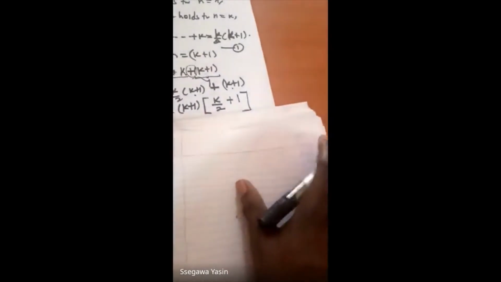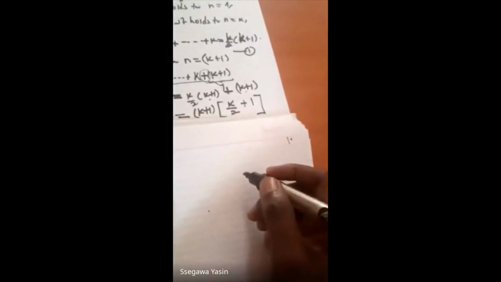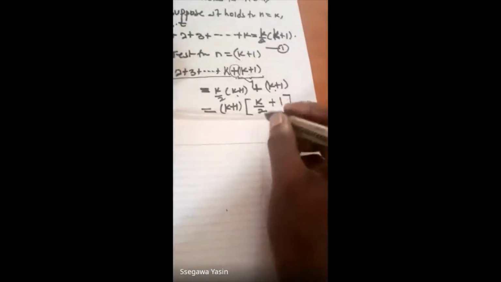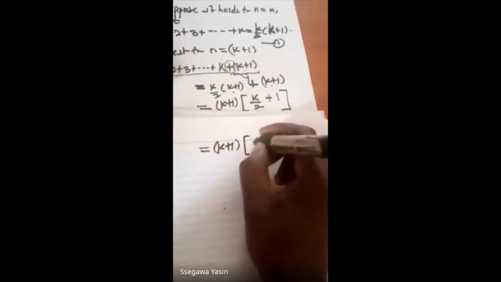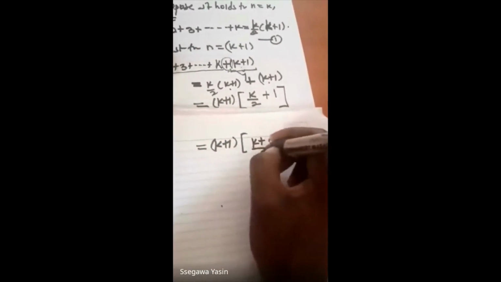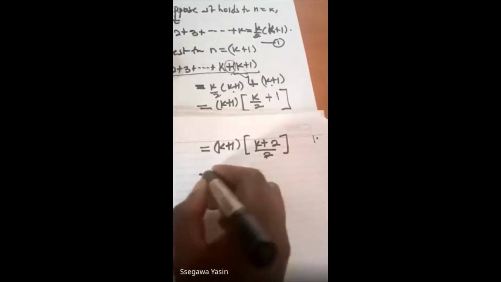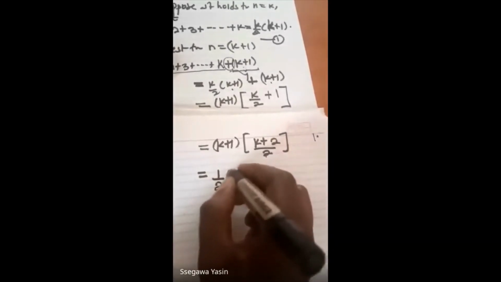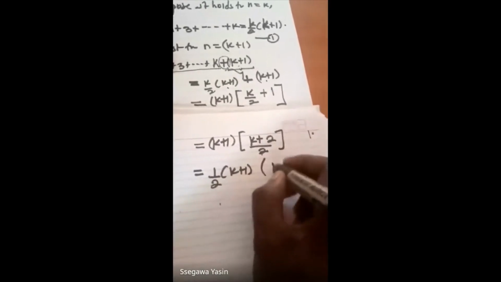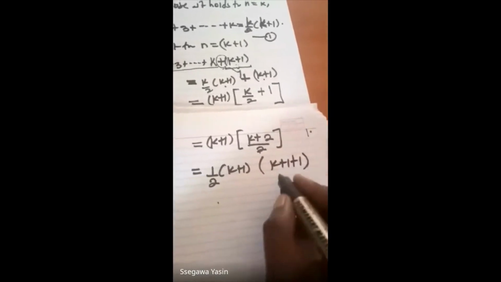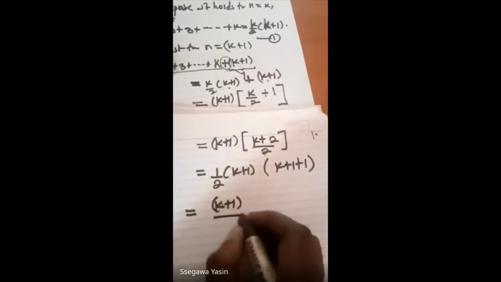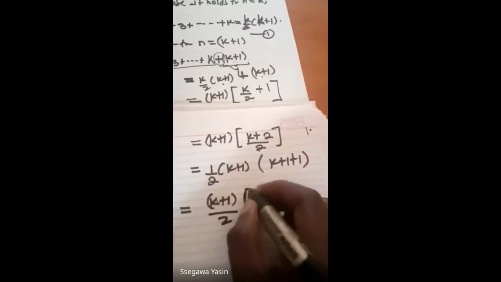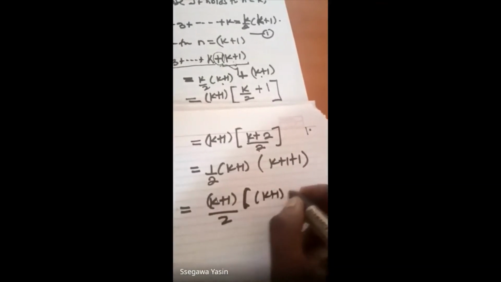After doing so, I can simplify this side: this is k plus 1 into k plus 2 over 2. I'm taking out a half outside, so this is the same as saying a half of k plus 1 into k plus 1 plus 1. Okay, this is the same as k plus 1 over 2 into k plus 1 plus 1.